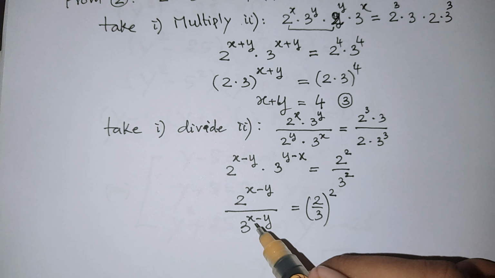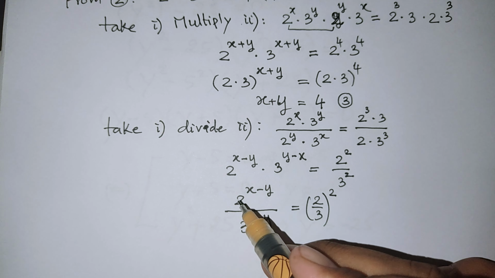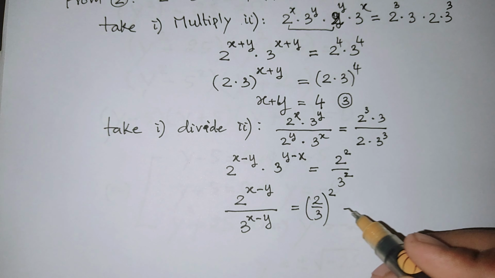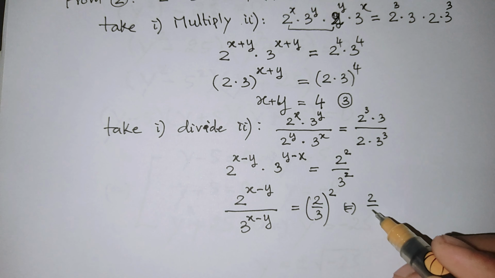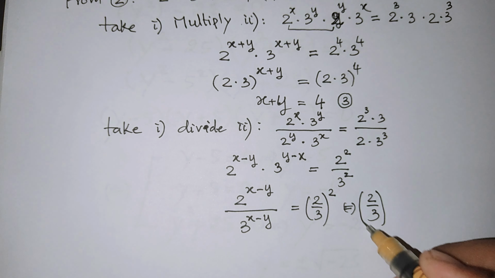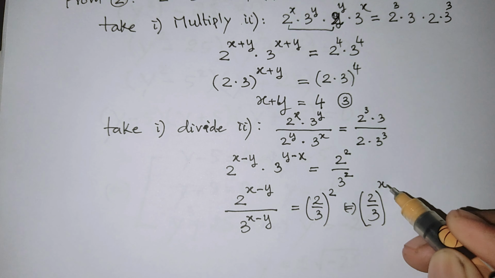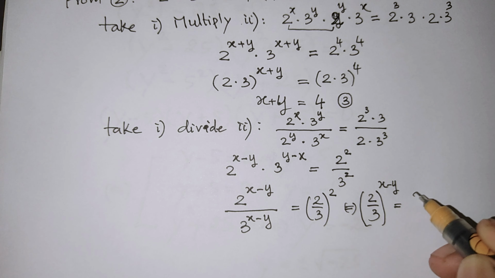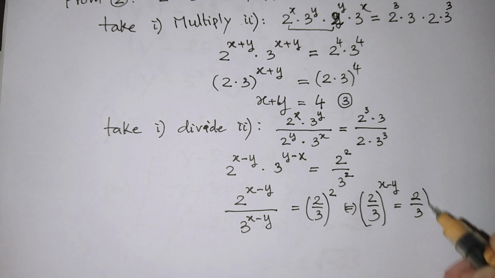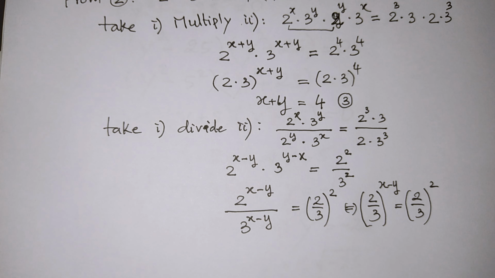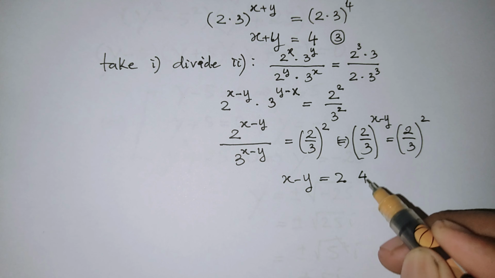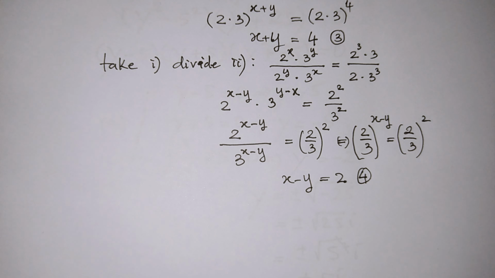So we get 2 divided by 3 whole to the power x minus y equals 2 divided by 3 whole to square. And then we get x minus y equals 2. I call this the fourth equation.